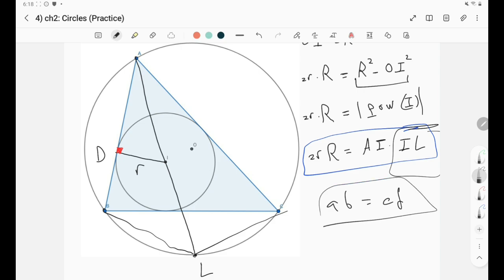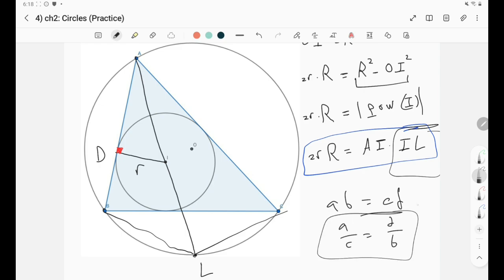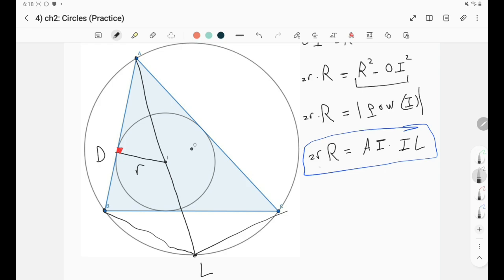So the other idea is simple: similarity, right? You can just write something like this to get a ratio, and then hope that you have some similar triangles. So this idea is really cool. Let's try to think about it here. So we have this small r and we have the AI.